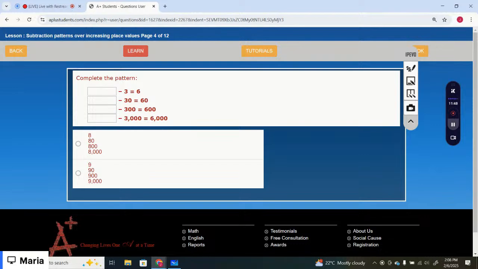Complete the pattern. The missing number minus 3 is 6. The missing number minus 30 is 60. Missing number minus 300 is 600. Missing number minus 3,000 equals 6,000.